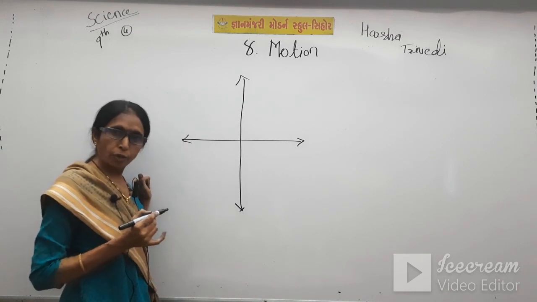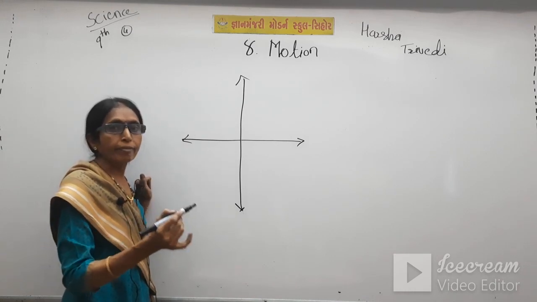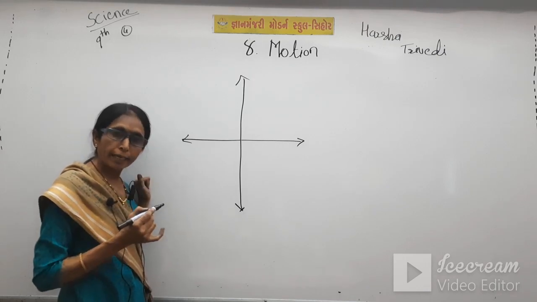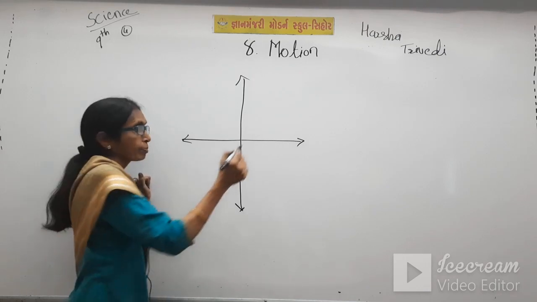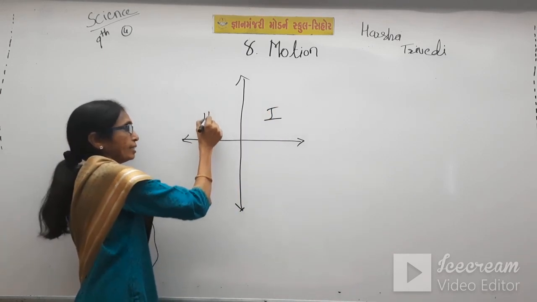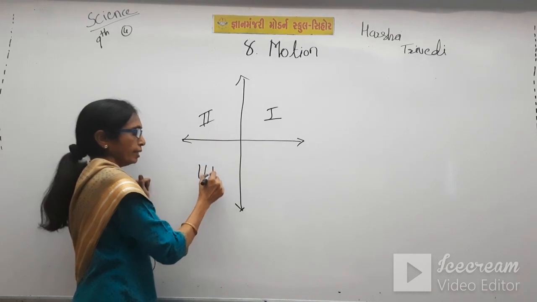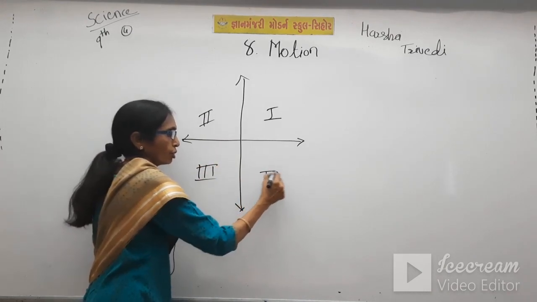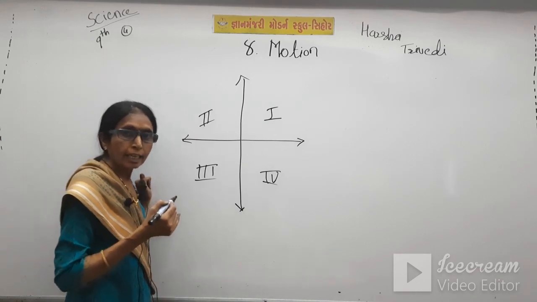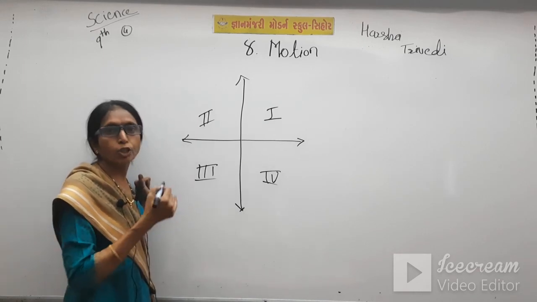Due to these two axes, the graph paper divides into 4 parts, and each part is called a quadrant. This is the first quadrant, this is the second, this is the third, and this is the fourth quadrant. So the Cartesian plane is divided into 4 parts by 2 axes.